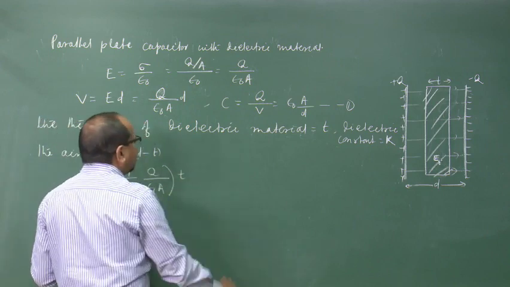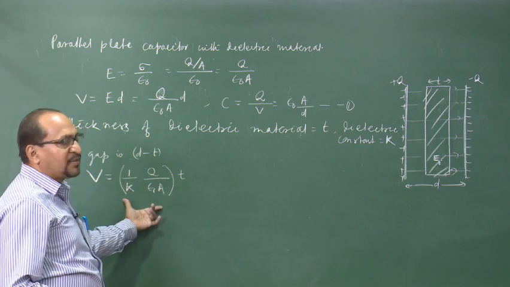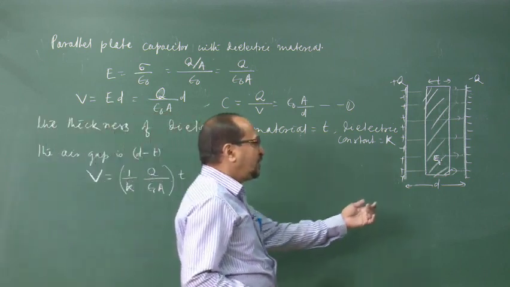This into the thickness of the dielectric is the potential difference between the two surfaces of the dielectric.